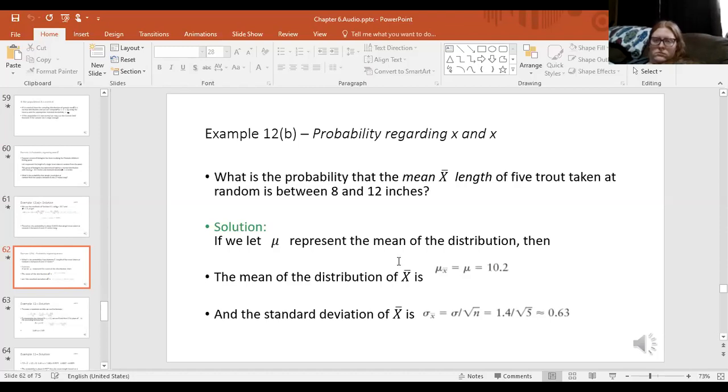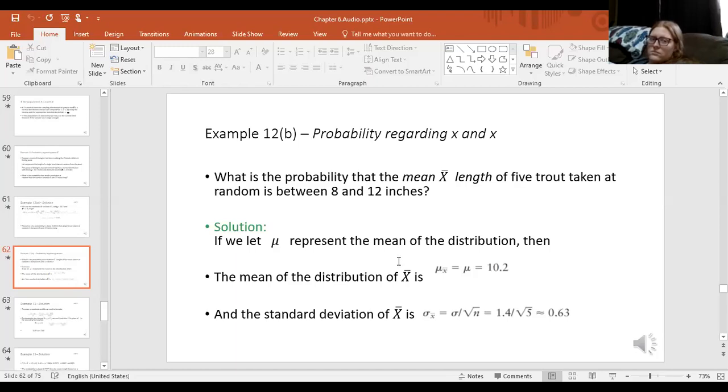Now, in this second question you have 5 trout and you want to compute the mean and determine that their average length is between 8 and 12. What we want to remember is that the mean is the same, but the standard deviation will change. To find the standard deviation, you take the standard deviation of the regular distribution and divide it by square root of 5.